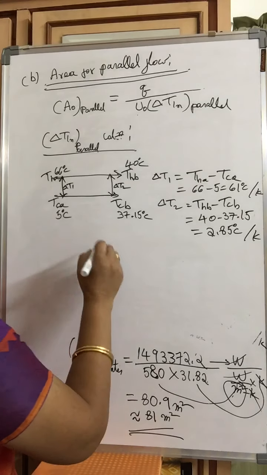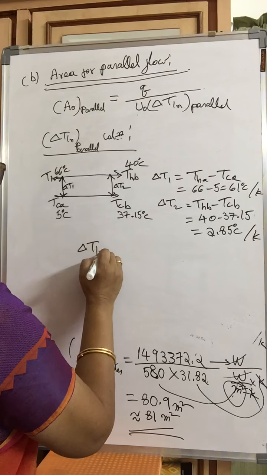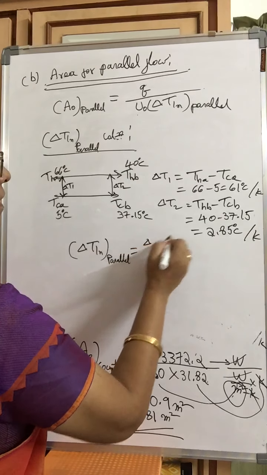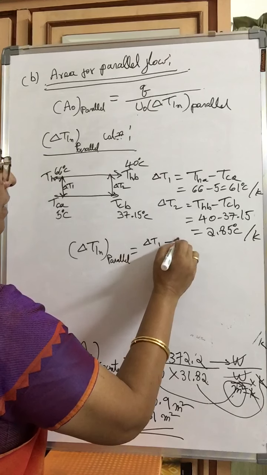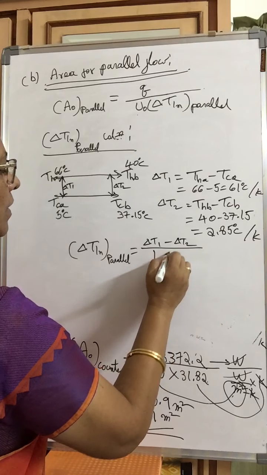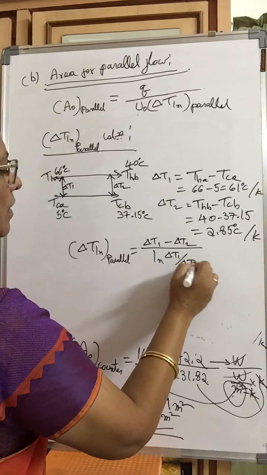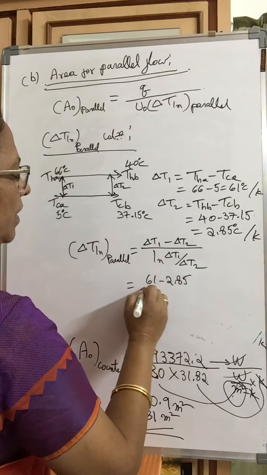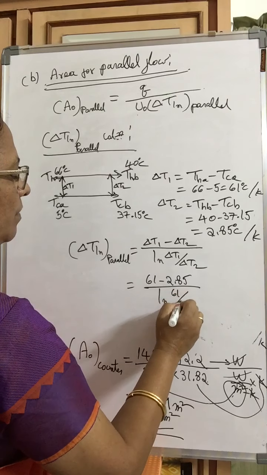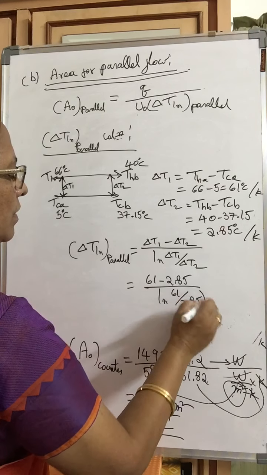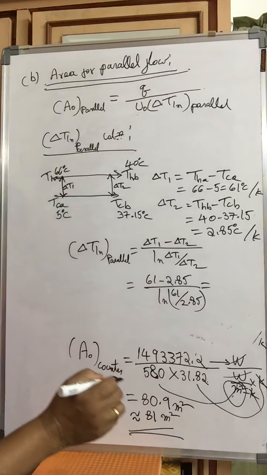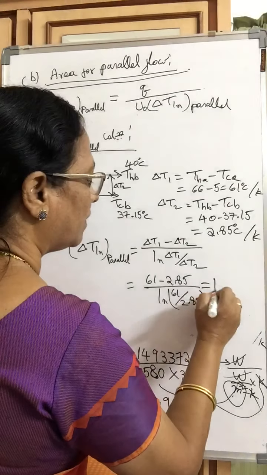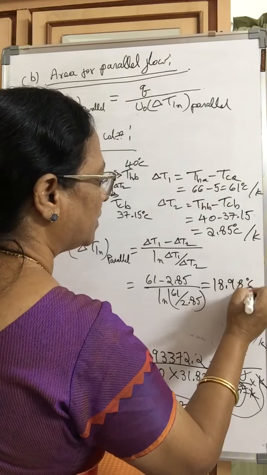Okay, so delta T ln parallel is equal to delta T1 minus delta T2 by ln delta T1 by delta T2, that is 61 minus 2.85 by ln 61 by 2.85. This value is 18.98 degree centigrade or Kelvin.